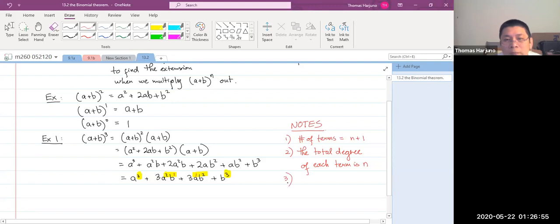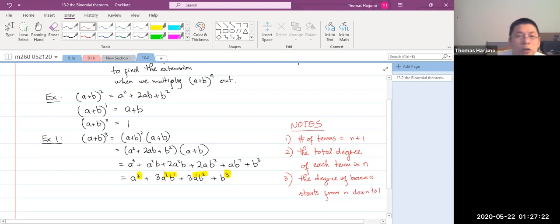Third, the degree of base A starts from n down to 1.